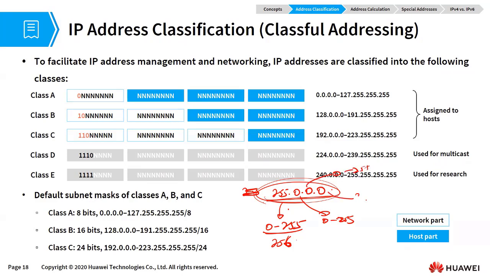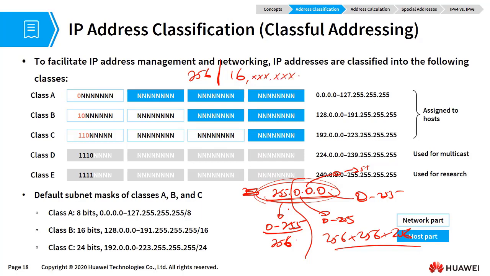And this one can also go from 0 to 255. Meaning there are 256 times 256 times 256 possible hosts on each network. Are we together? Yes. So 256 networks, and each of them would have 16 million something hosts on it.